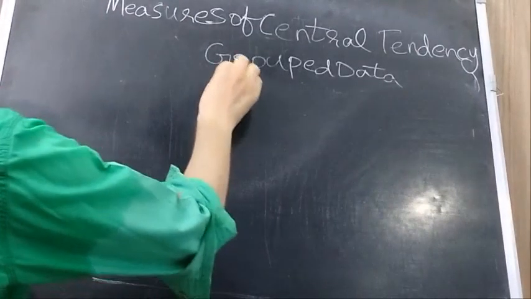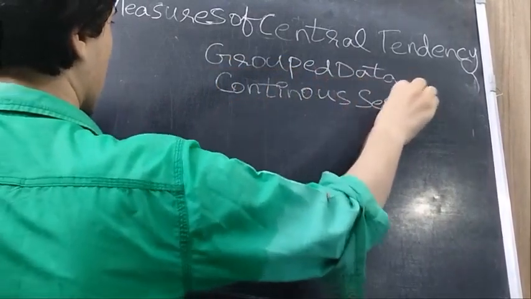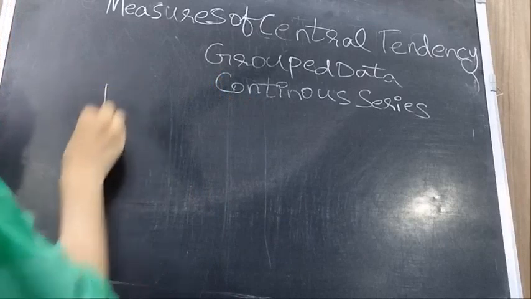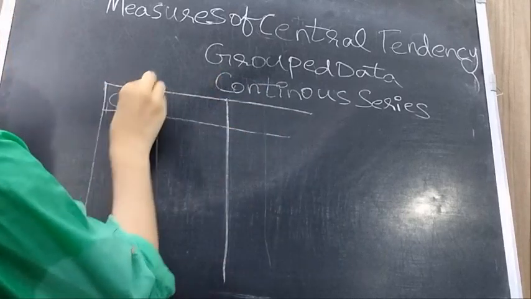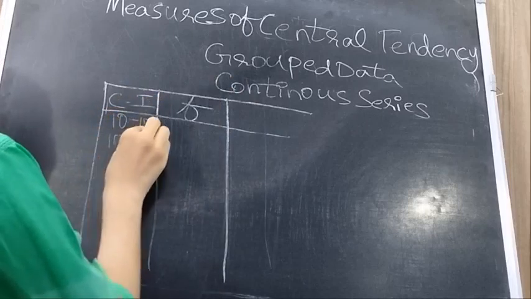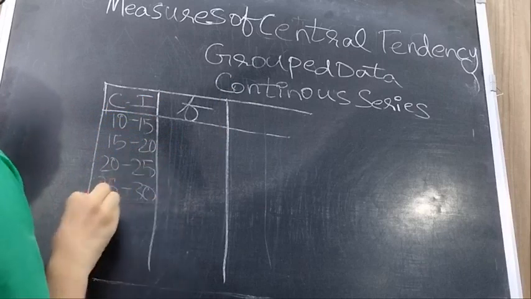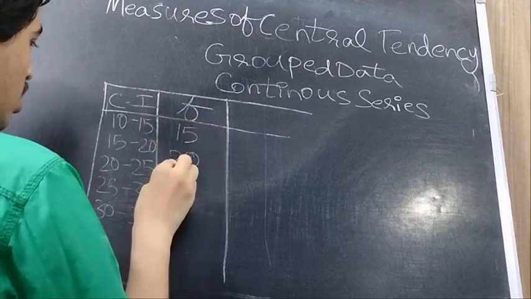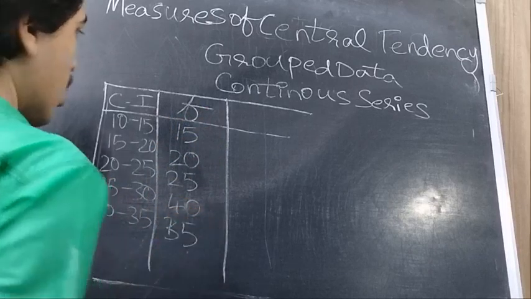Now we will see the median in the continuous series. It will give the class intervals and frequencies, that is 10 to 15, 15 to 20, 20 to 25, 25 to 30 and 30 to 35, and some frequencies: 15, 20, 25, 40, and 35.